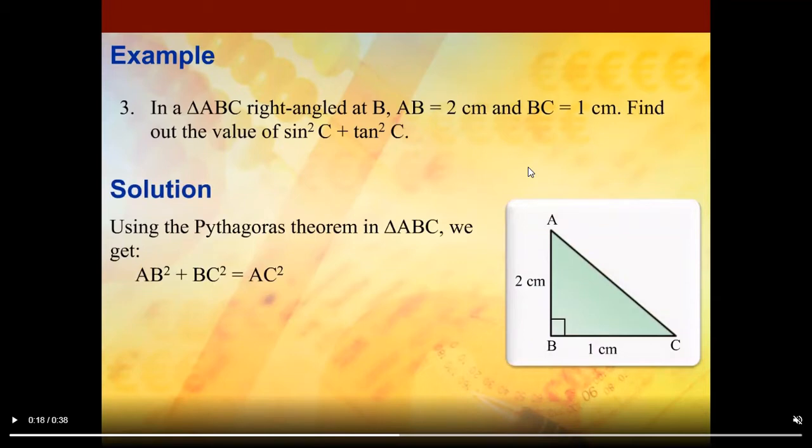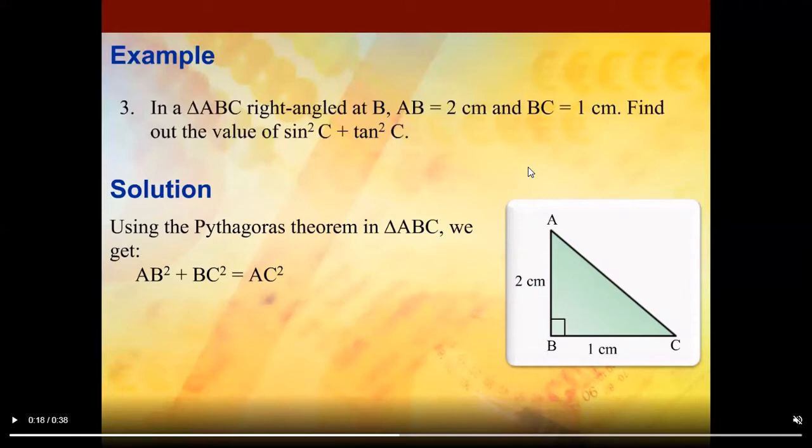So after drawing the diagram, we need to find the hypotenuse, which is not given. So you know, children, what we have to do? We have to use the lovable friend Pythagoras, who has been a close friend to every student from 7th class.